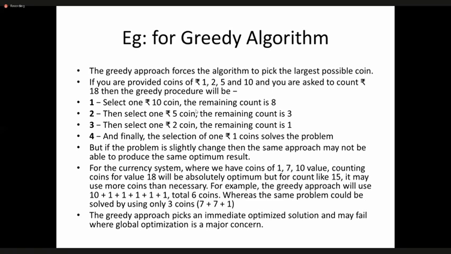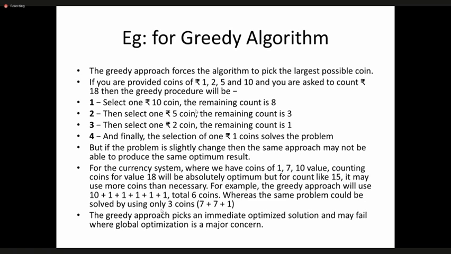Then at the very beginning of this slide, I told you greedy approach forces the algorithm to pick the largest possible coin. Therefore, the largest value is 10, then you have to select the 10. Then after selecting 10, you have to get only ones, depending on the availability.